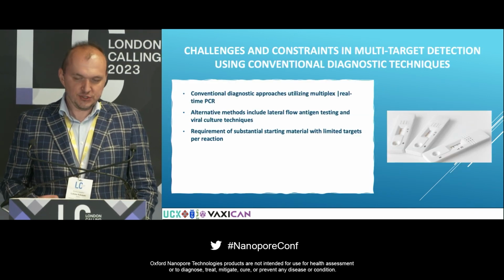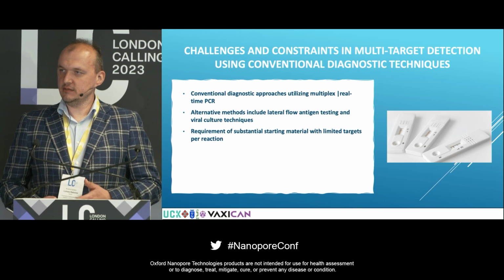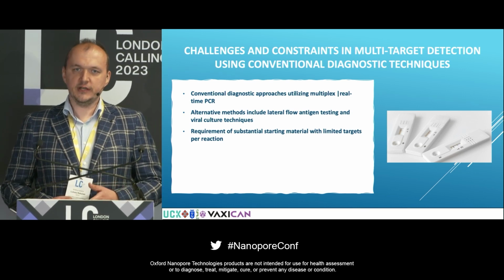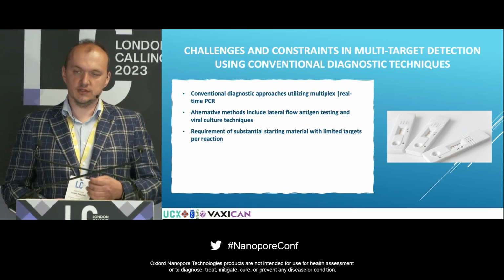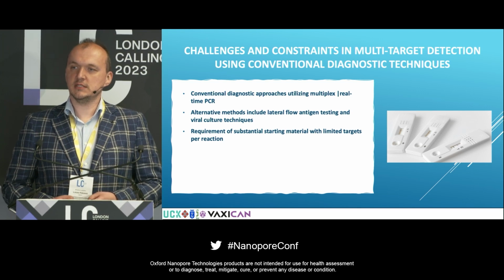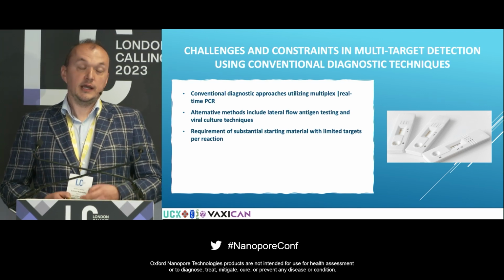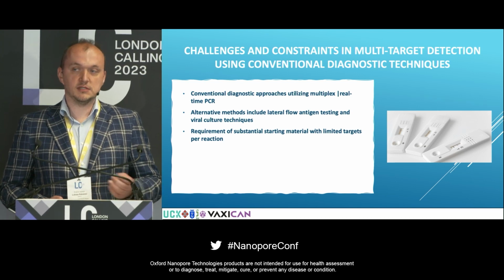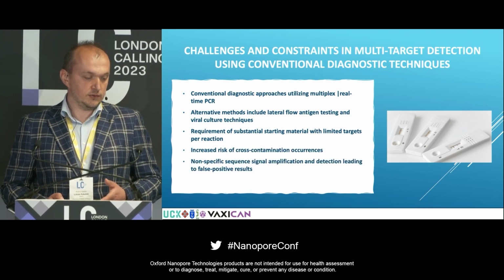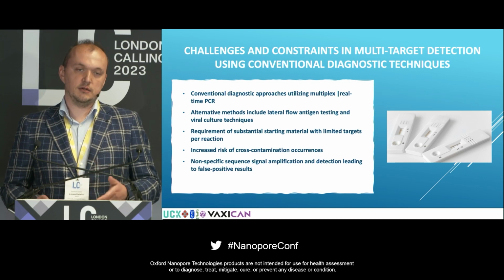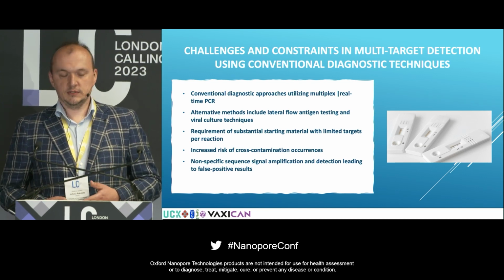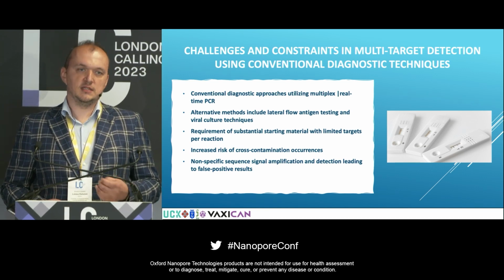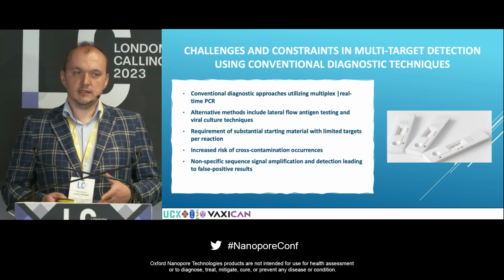The approaches to diagnose co-infections are based mostly on multiplex PCR, NGS, of course, and lateral flow devices. But the biggest problem for techniques based on PCR and lateral flow devices is that you just detect a signal. You do not detect the raw sequence.